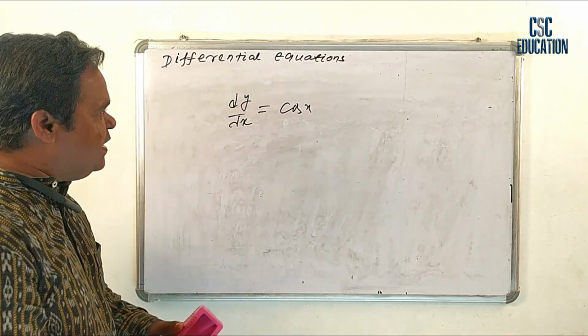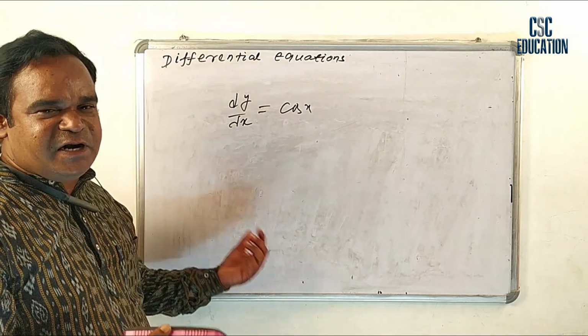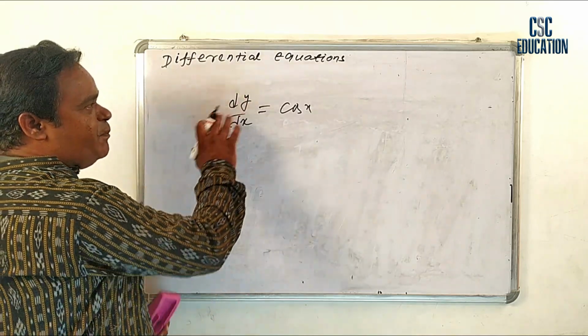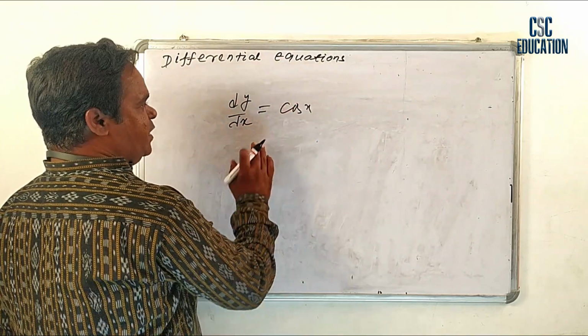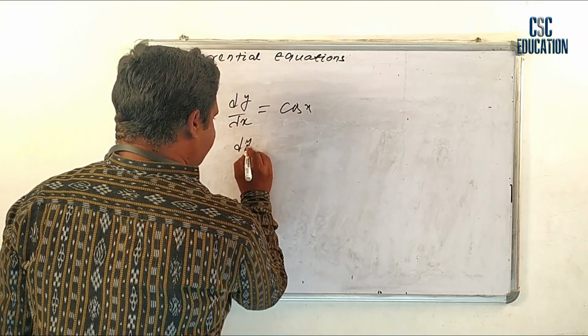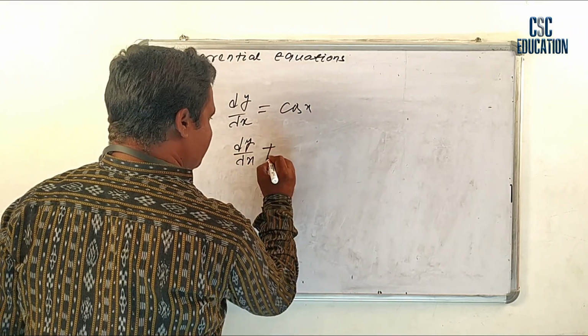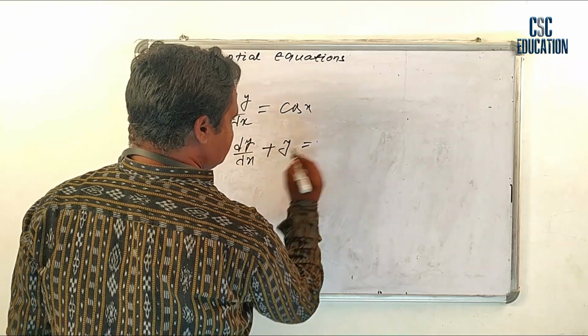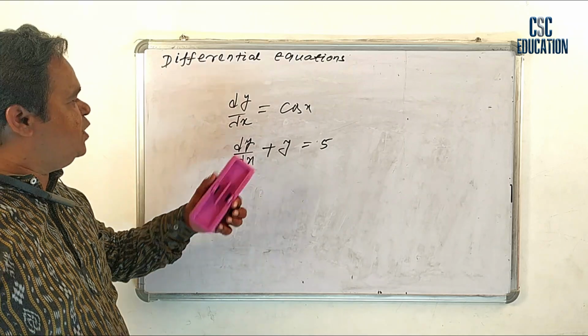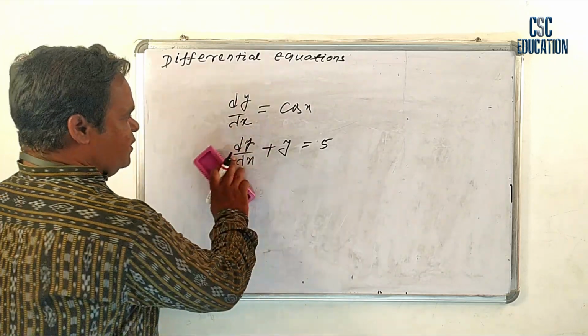So here the dependent variable is y, the independent variable is x, so d by dx is the differential part, so that it is a differential equation. Another example, dy by dx plus y equals, suppose, 5. That is an example of a differential equation.